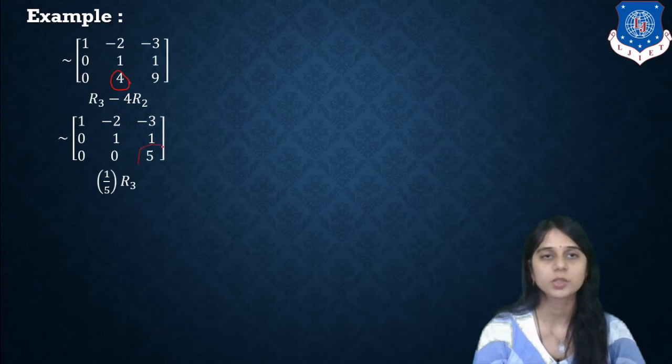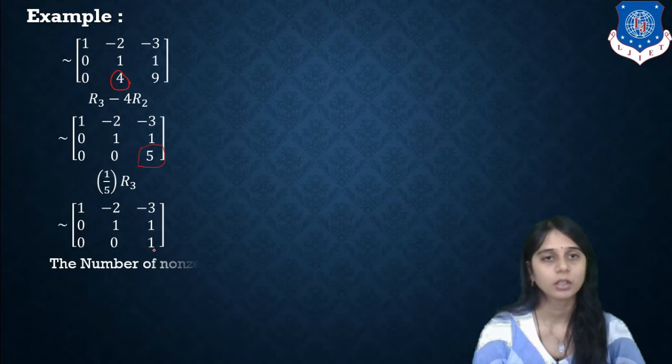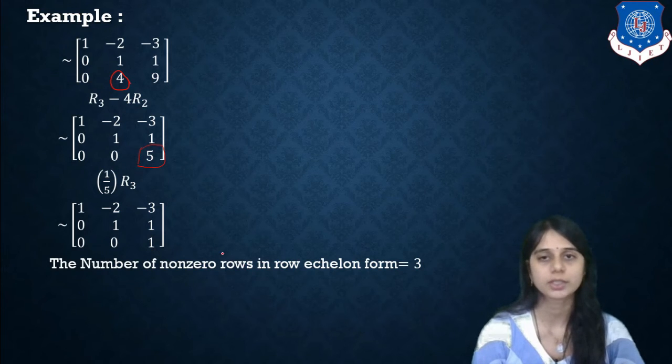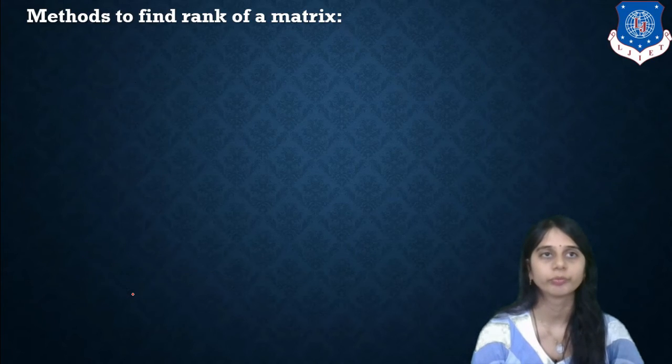Now again, as per the row echelon form, we convert this to a leading 1: 1, minus 2, minus 3; 0, 1, 1; 0, 0, 1. So this is a row echelon form with 3 non-zero rows. Now the rank of A is equal to 3.